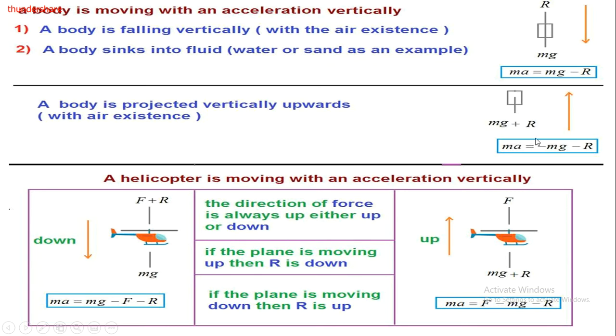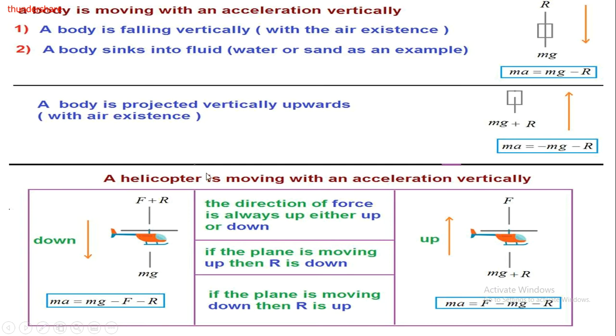However, you have two forces trying to reduce the velocity. The first one is the weight and the second one is r. So ma equals negative mg negative r. There is no positive force in this case. Okay? And of course, don't be confused, because the acceleration will be negative, because the velocity will decrease.